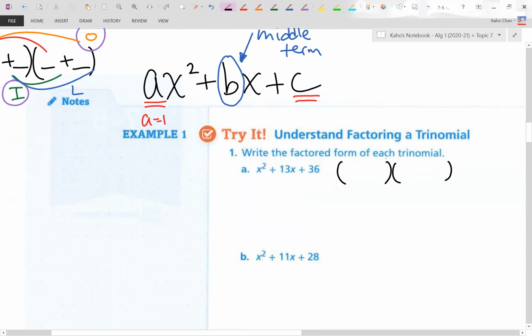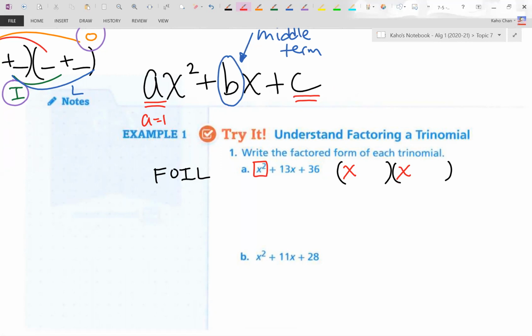When we FOIL this, the first terms will always give you x squared. Well, if there's only one way to get x squared, that's x and x. That's an automatic for this section. Later on, it gets a little complicated when a is not 1. In this case, a is 1 in front of x squared, okay?